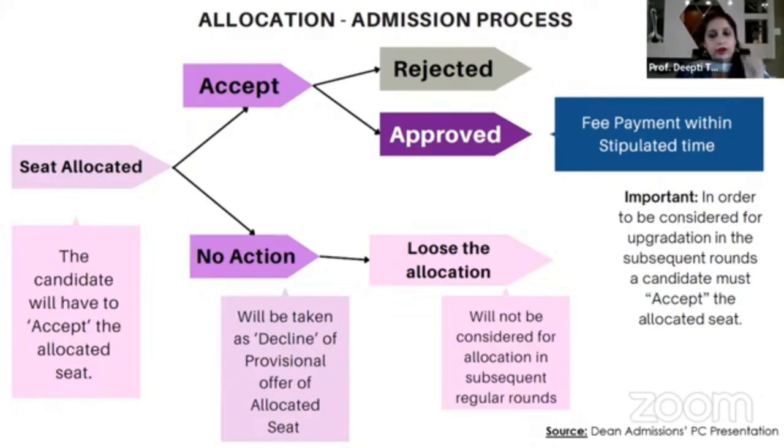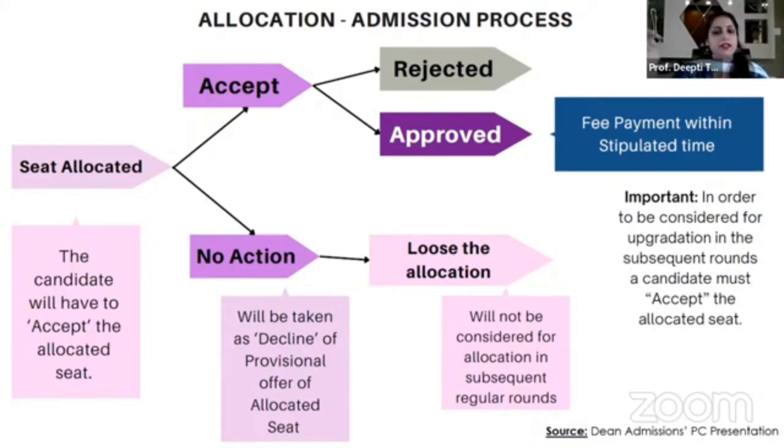Say in the regular rounds, you have been allocated up to your 12th preference, which means the top 11 preferences are still available for you. ECA is not going to be looking at what you have been allocated in the general list. So you may get a college which is among your 1 to 11, or your 12th itself, or lower down from the 12th.